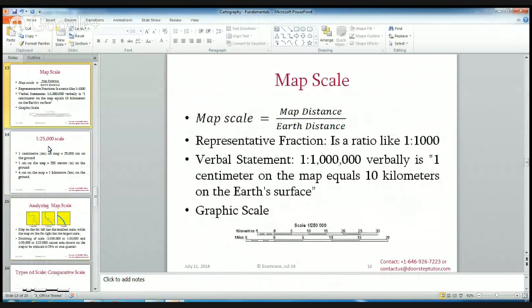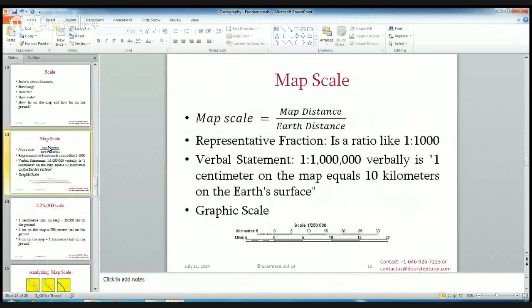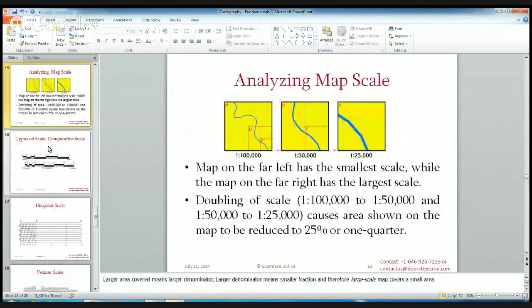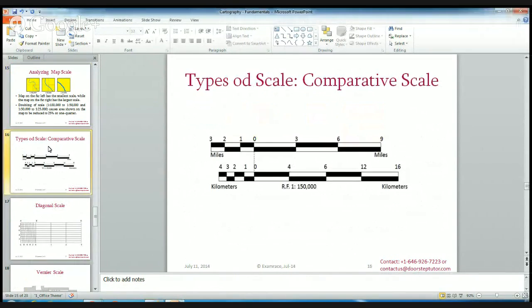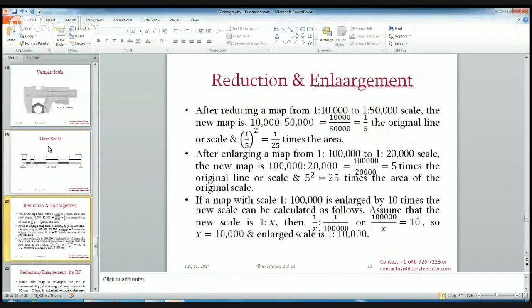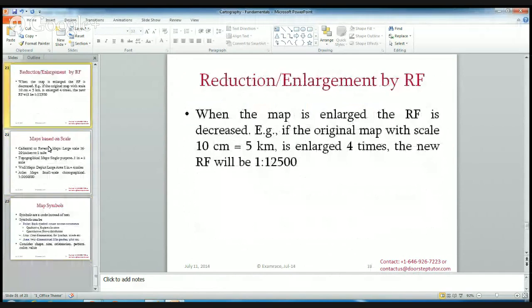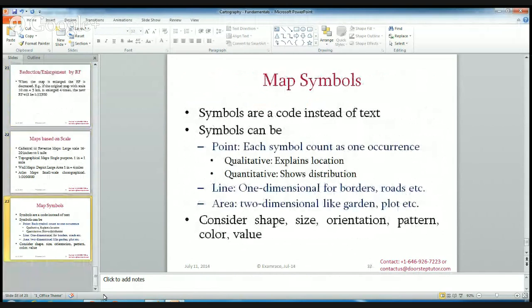Then we talked about scale. A lot of people are very clear that there are 3 types of scale: representative fraction, verbal and graphical. But the most important topic is analyzing how we scale a map with a larger area, what happens, and as the area becomes smaller, how there is a change in RF, then the various types of scales. Then we talked about reduction and enlargement by means of RF, maps based on various scales, and the various symbols that are required for a map.